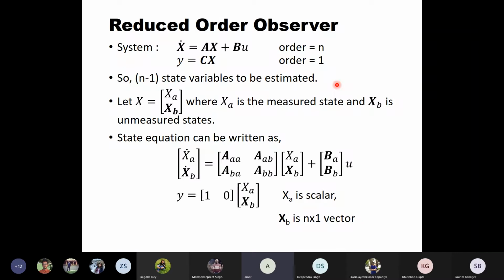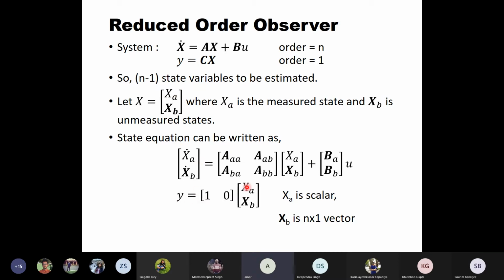In that case, the state equations we can write as xa dot, xb dot equals Aaa, Aab, Aba, Abb, times xa, xb, plus Ba, Bb, times u. So basically, I am decomposing A and B accordingly for xa and xb.